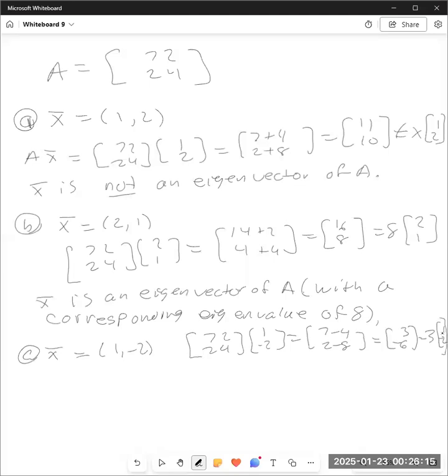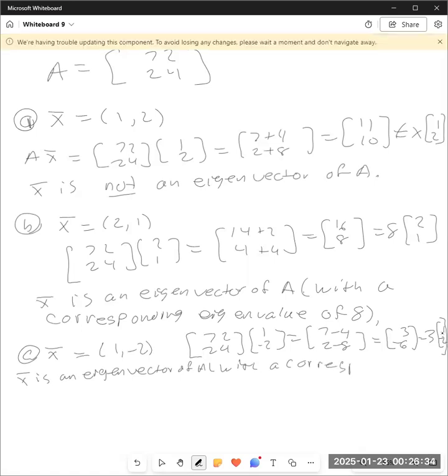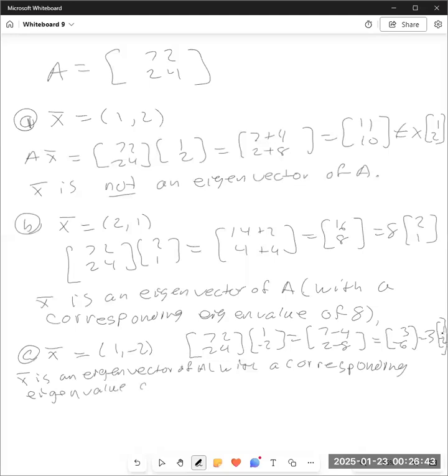So yes, x is an eigenvector of A with a corresponding eigenvalue of 3. Right?